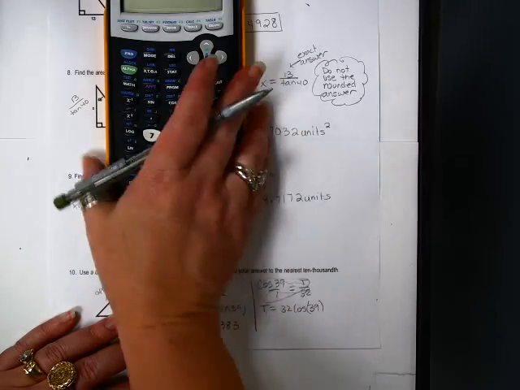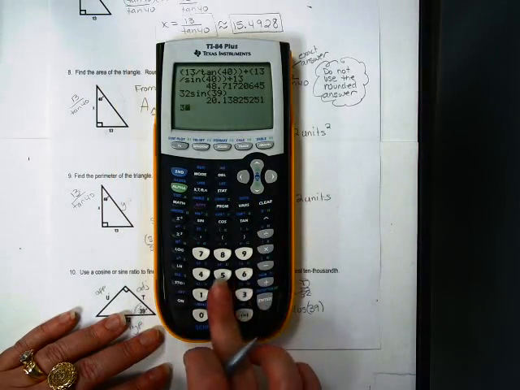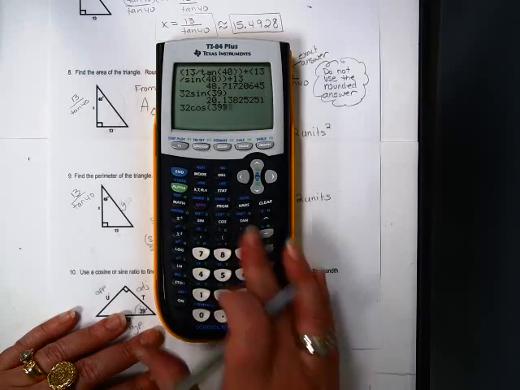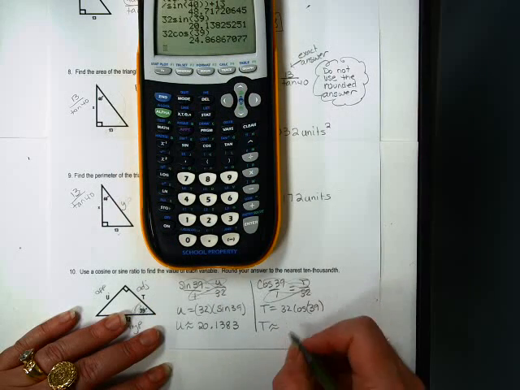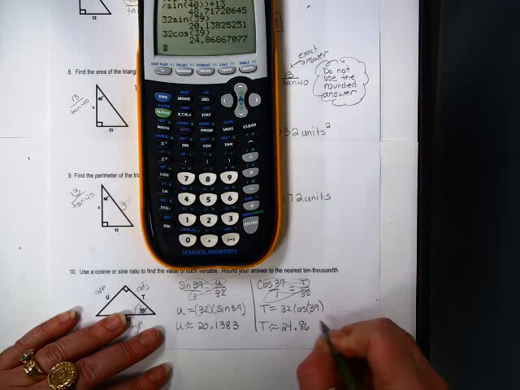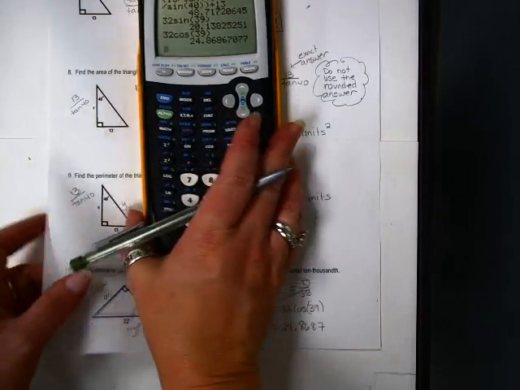Alright, so plug that into your calculator. So T is approximately 32 cosine 39, close parentheses, and you get approximately 24.8687. And we are done.